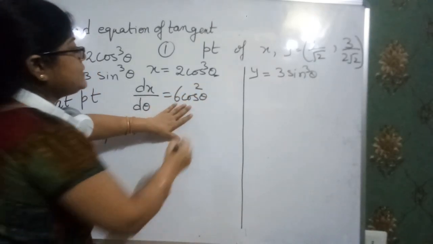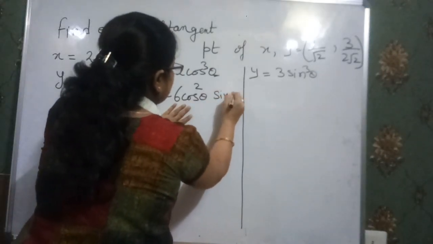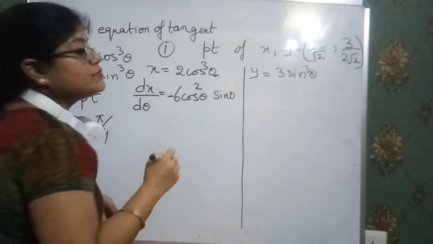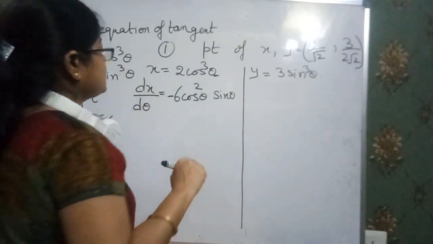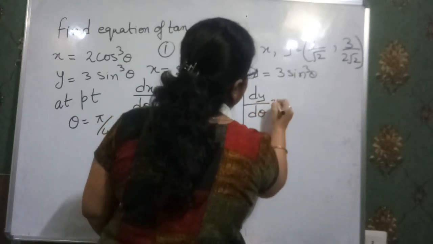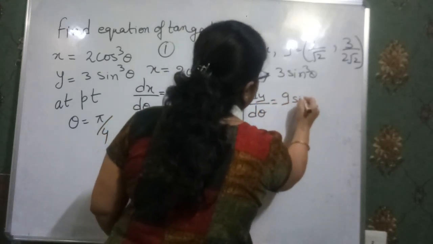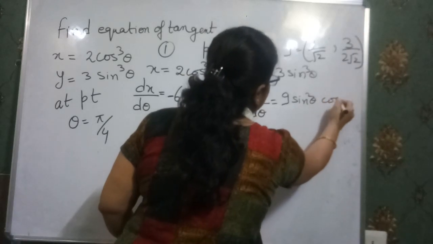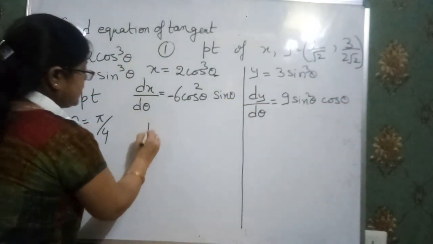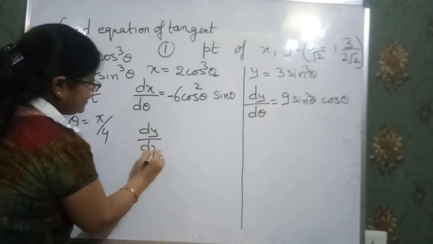Differentiation of cos theta is minus sin theta, so we write the minus sign over here. Now I have dy over d theta is equal to 9 sin square theta into cos theta.